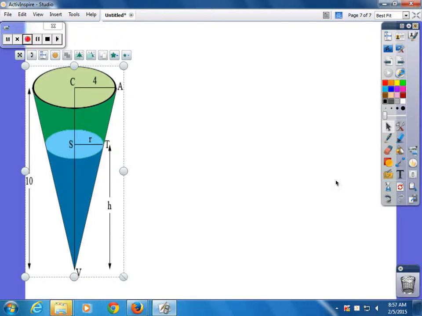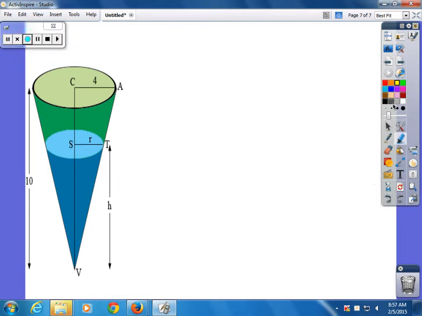Alright. Dang old radius. Hold on a second. Well, that don't look good, but you get the point. Dang old radius is 8 feet.